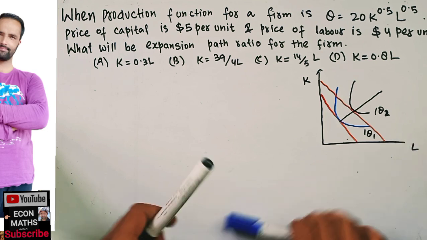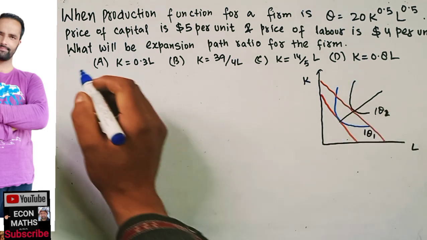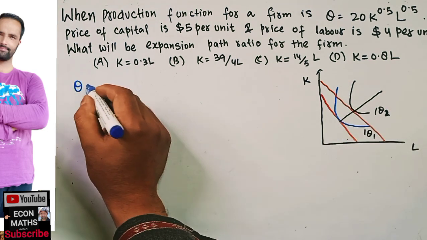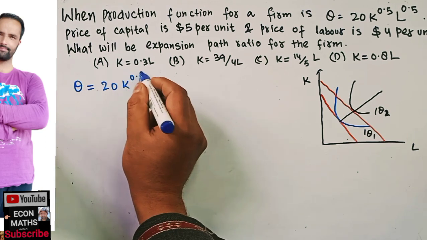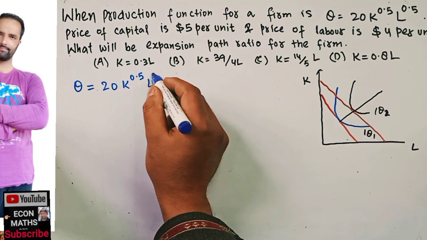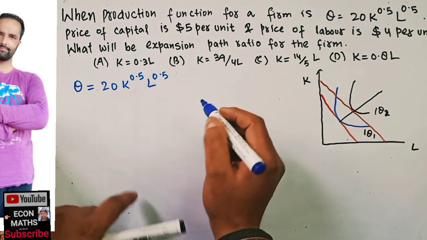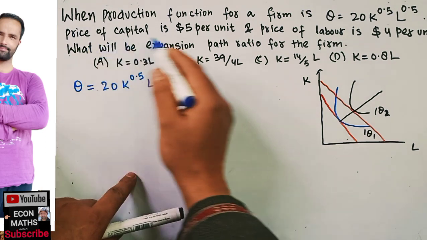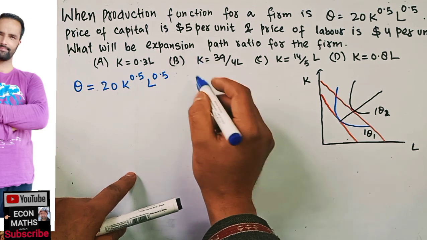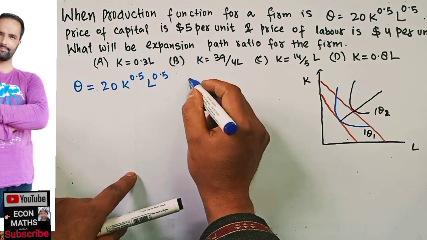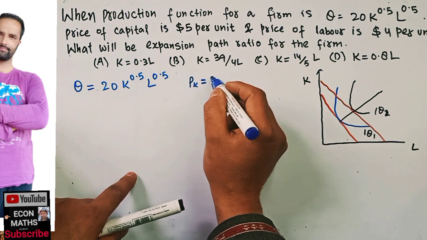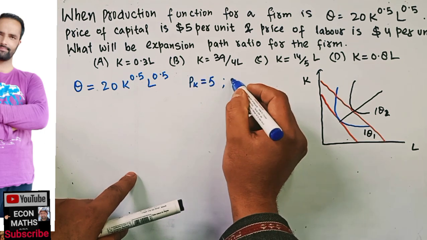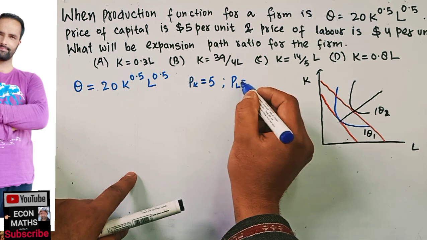So how can we calculate here with what we are being given? We are given Q equals 20 K to the power 0.5 L to the power 0.5. Let me write it like this: P subscript K, the price of capital, is 5, and the price of labor is 4.